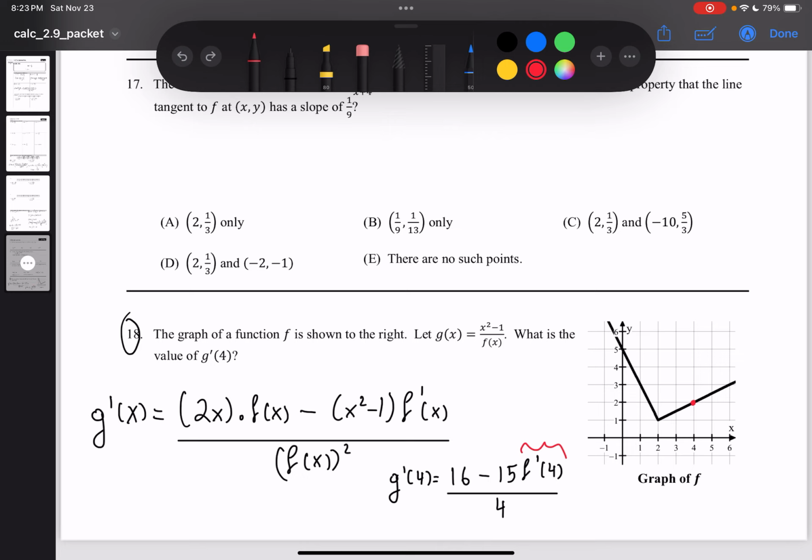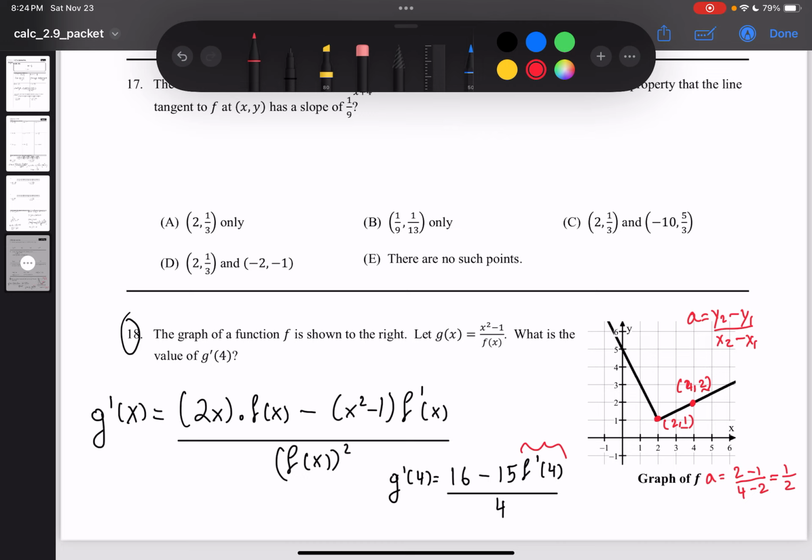So if you apply the slope formula, which is y2 minus y1 over x2 minus x1, between this point, which is 4, 2, and this point, which is basically 2, 1, you're going to get 2 minus 1 over 4 minus 2. So 2 minus 1 is going to be 1, 4 minus 2 is going to be 2.